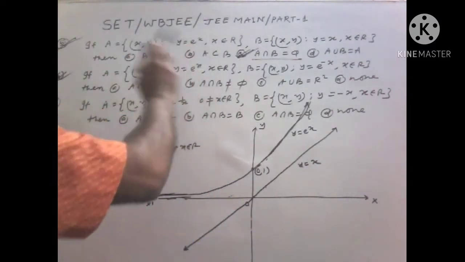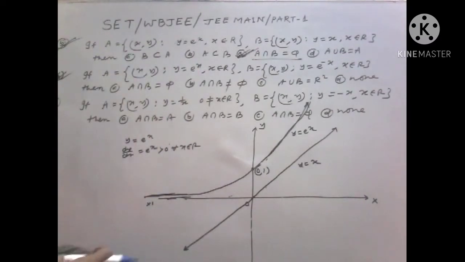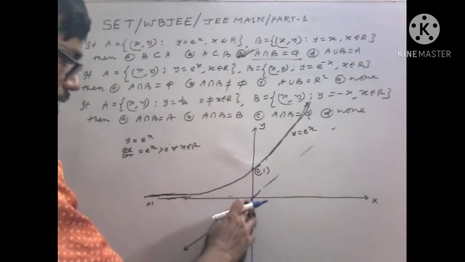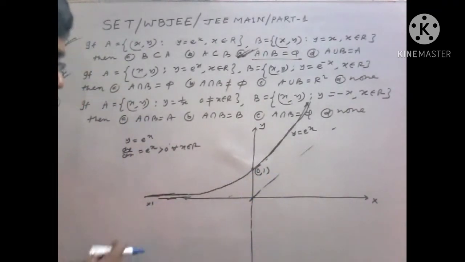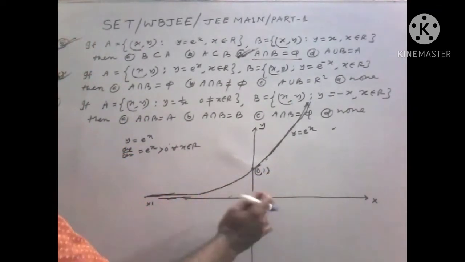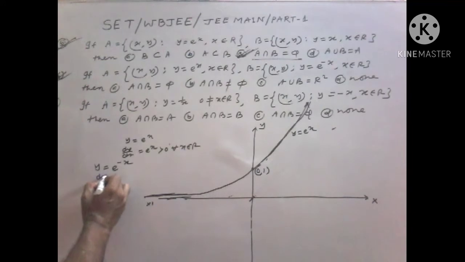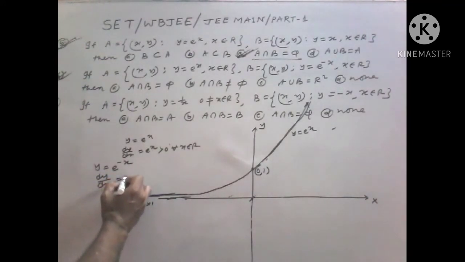So one is e to the power x and another one is e to the power minus x. This one is unchanged. So y equals e to the power minus x; dy/dx is minus e to the power minus x.